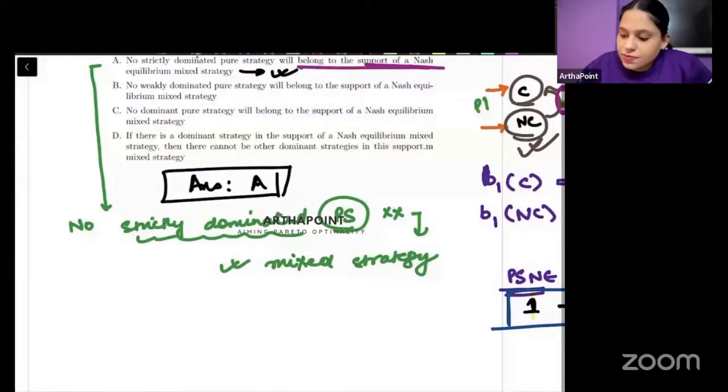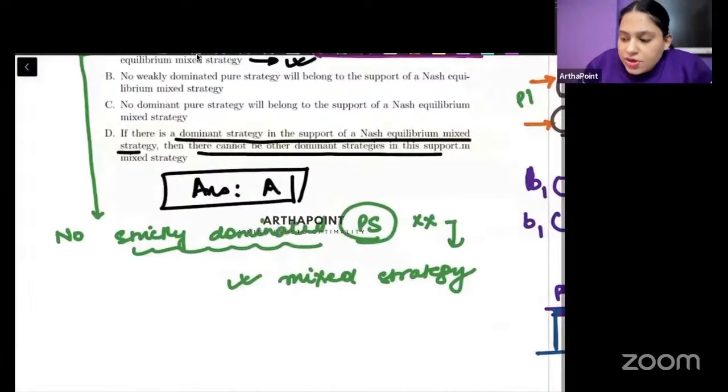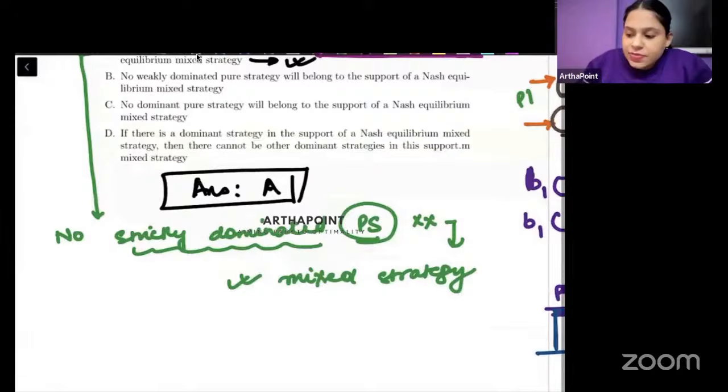Explain D. If there is a dominant strategy in support of a Nash equilibrium in mixed strategy, then there cannot be any other dominant strategy in this support of mixed strategy. Support is nothing but a set.